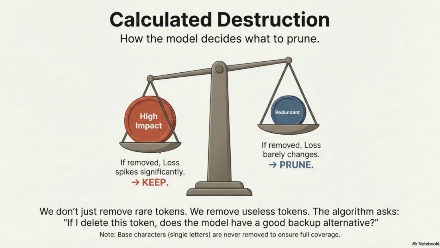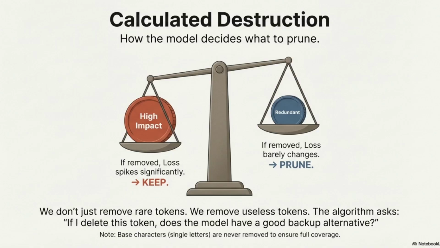So the critical step is deciding what to delete. For every symbol in the vocabulary, we calculate how much the total loss would increase if we removed that symbol. If removing a symbol causes the loss to spike significantly, it means that symbol is essential, so we keep it. If removing a symbol causes almost no change in loss, meaning that there is a valid backup segmentation, we prune it.